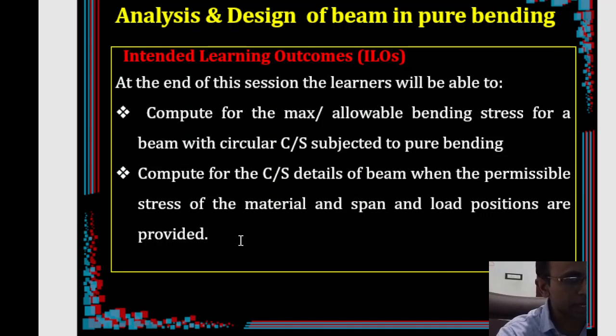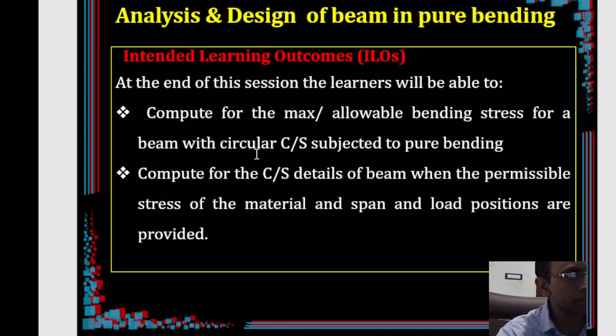In the second case, we are dealing with how the design details are provided when the maximum moment for a structural member is provided. We should be in a position to calculate the breadth and depth, or cross sectional details, of the beam. Both are worked out using the flexural theory.